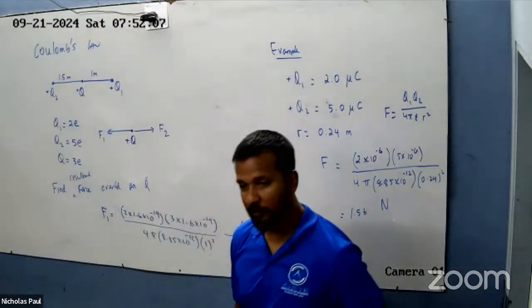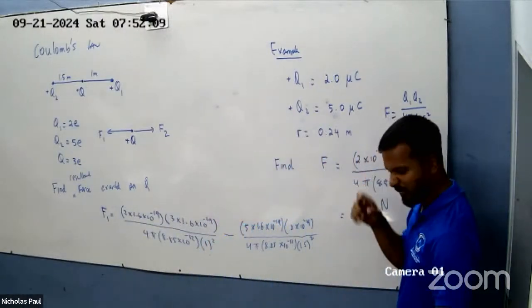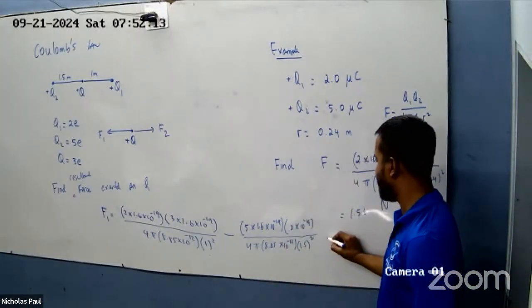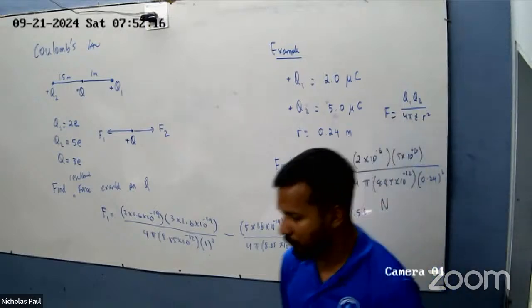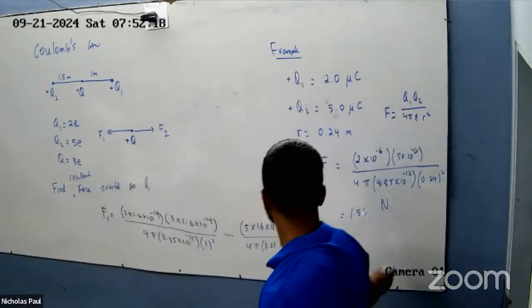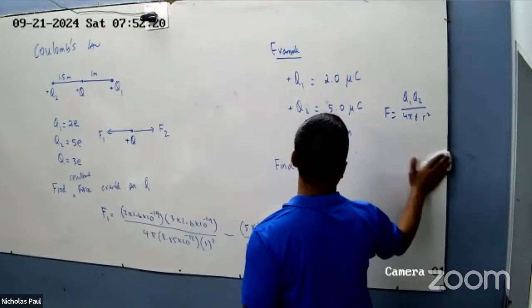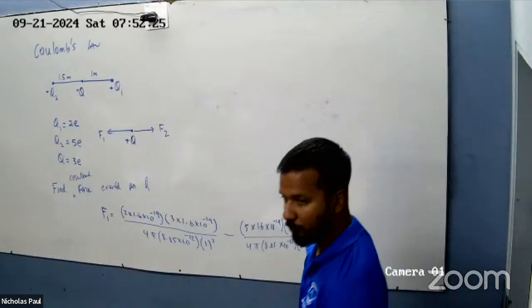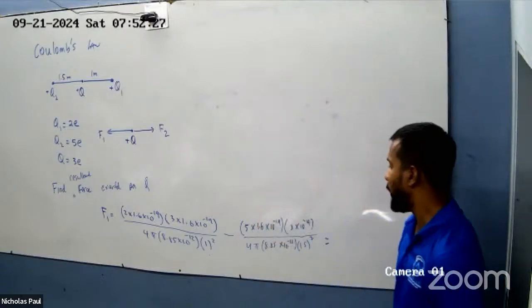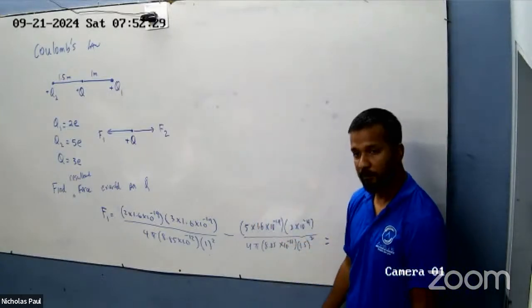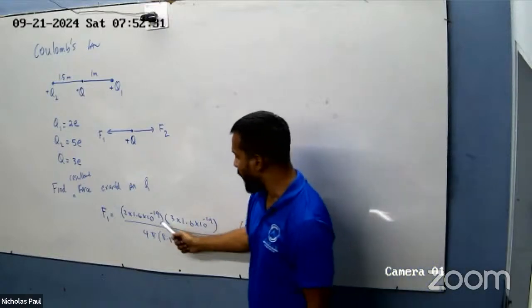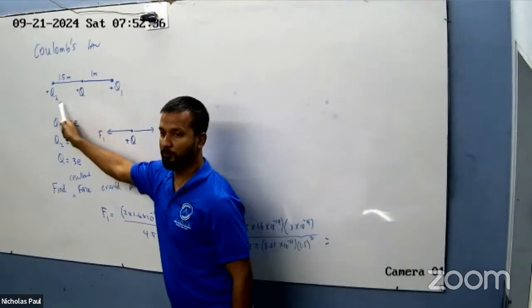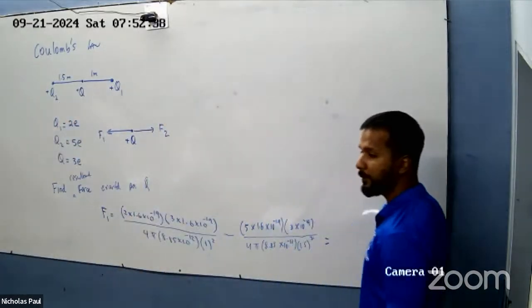So we could just minus this. No, it's different Q values, because Q1 and Q2 are these two.